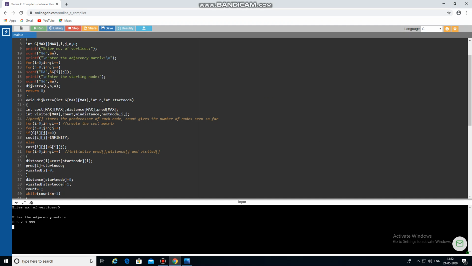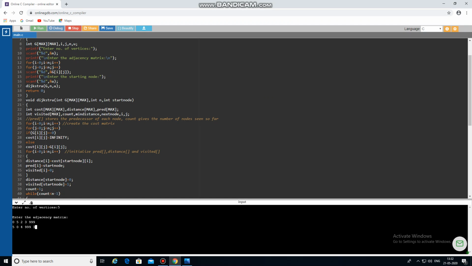Then next node, from node B to A it is 5, from B to B it is 0, from B to C it is 4, B to D we don't have a connection, so we take it as 999. But basically it is taken as infinity, but in a program we can't take infinity, so we take it as the highest value, that is 999.